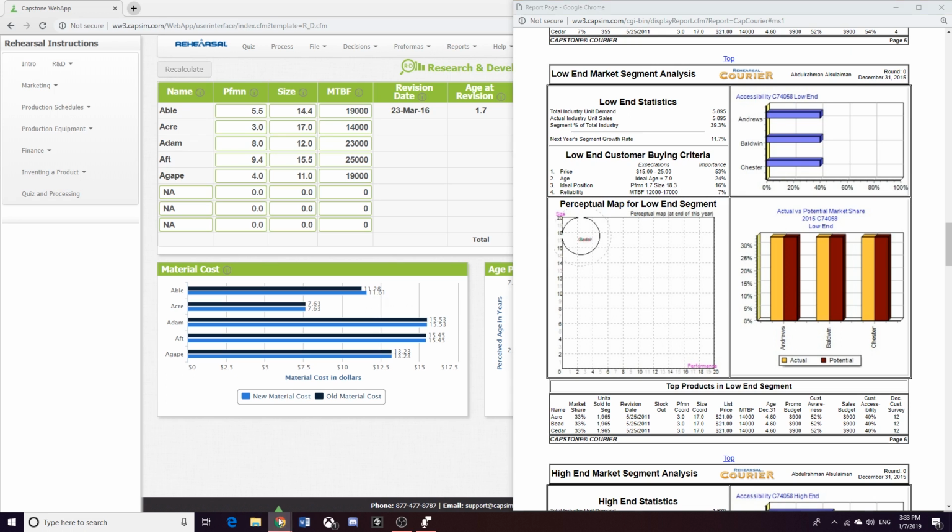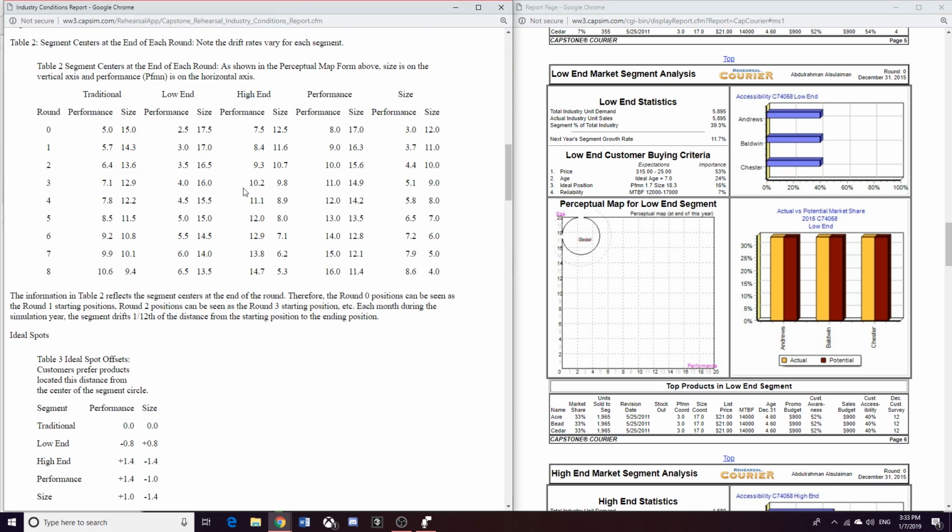So we go and look at the other report and say, okay, low end. In the beginning, they want 2.5. If you don't know why it says 2.5 here, go and watch my customer buying criteria video, and also the performance and size ideal positions video, and you will understand this.